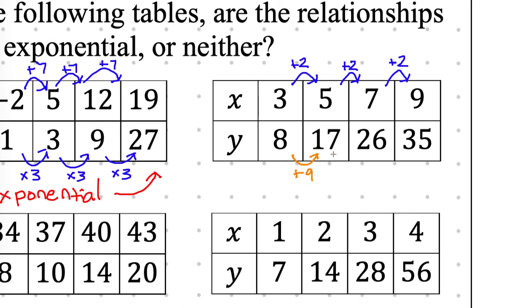Adding 9, and yeah, adding 9. So each of them is adding 9. So what conclusion do you draw from that? Is it linear, exponential, or neither, Ulysses? Linear, yeah. Everyone write down his answer. It is indeed linear.